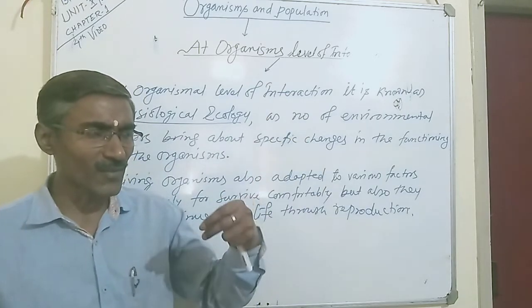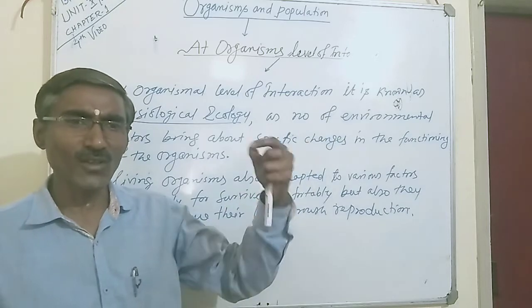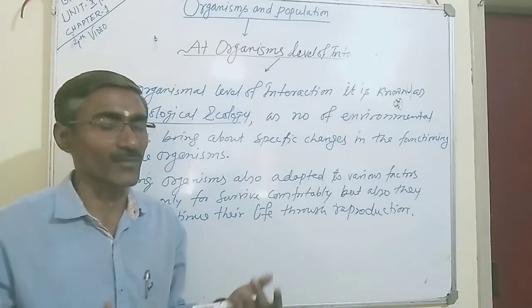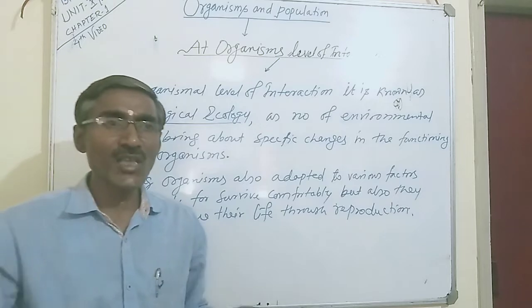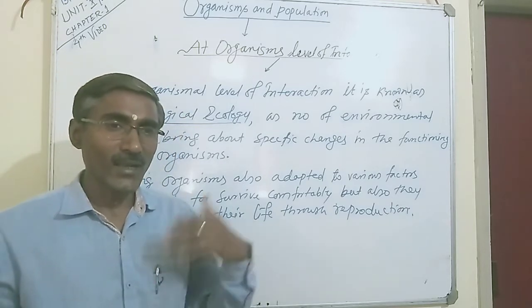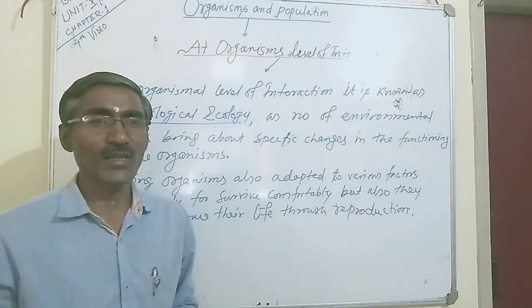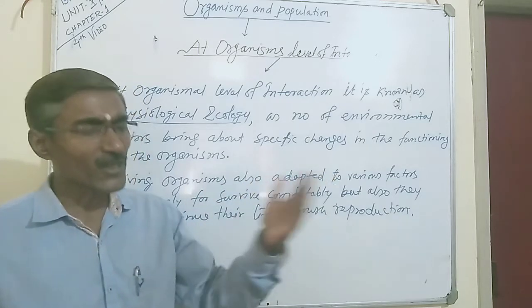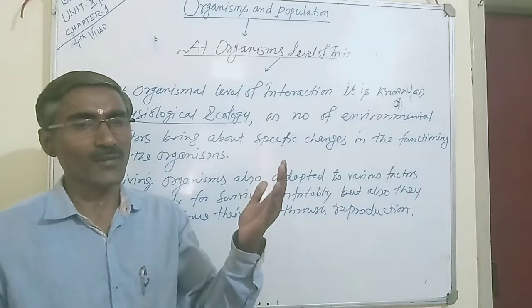Whenever those environmental factors act on the living organism, it tries to adapt, and automatically changes its physiological condition, internal or external. Internally, the anatomical or physiological systems try to adapt to the situation in response to the environmental factor.